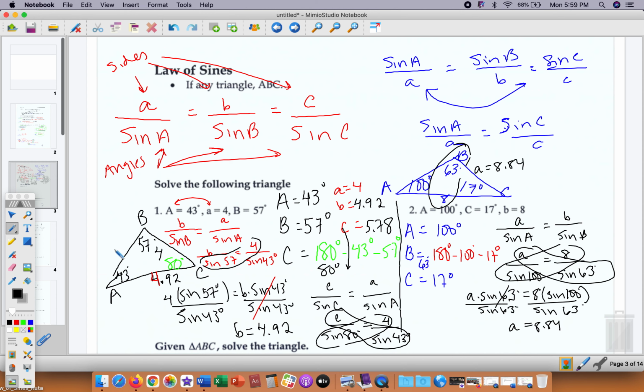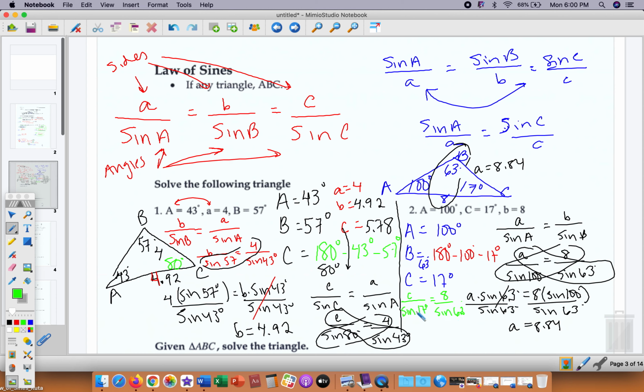Then lastly, we need to find the last side. So we need c. If we need c, we want to do little c over sine of angle C, sine of 17, is equal to, I'm going to go with b again because I don't have a decimal, little b, 8, over sine of angle B, 63.